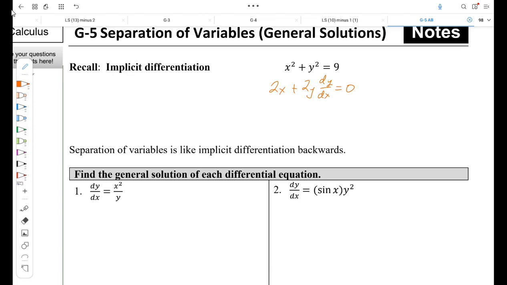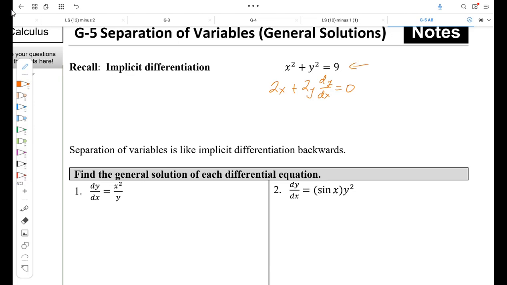That 9 could be any number, right? And I would get the same equation as when I did the implicit differentiation. So we lose a piece of information when we take a derivative. If I only gave you the differential equation, you wouldn't know that there was a 9 in the original equation. And that's why there are multiple solutions to these differential equations.